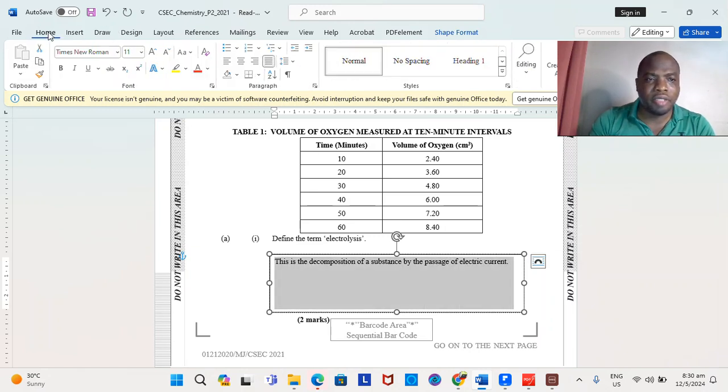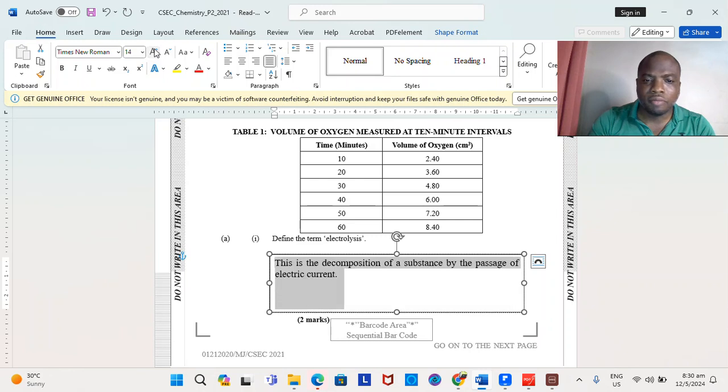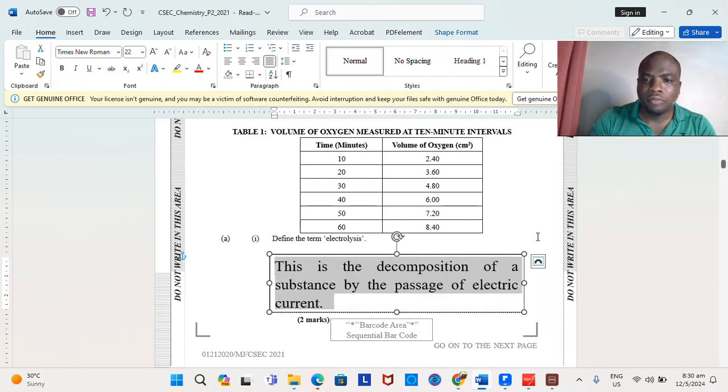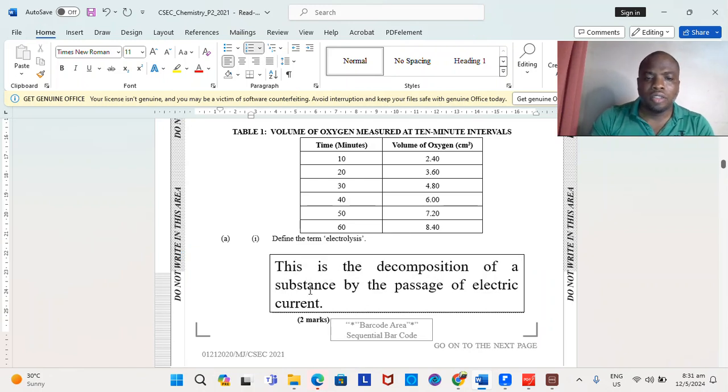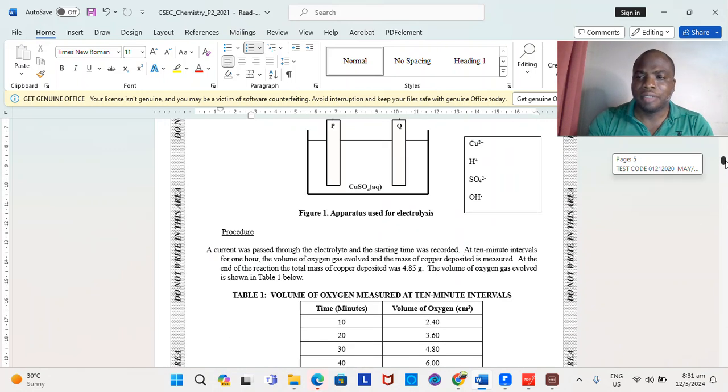Let me just increase the size. So we really want to break down the substance, and it is a means of obtaining ions or substances that you wouldn't be able to collect just like that.